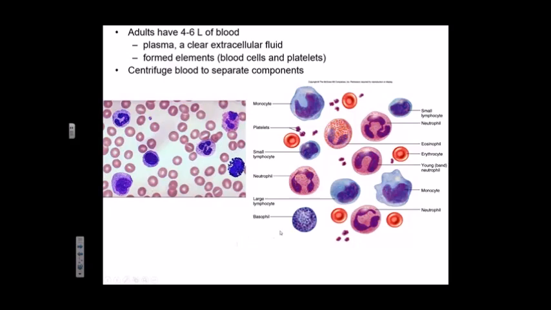So here is a lymphocyte. Here's a lymphocyte over here. This one right here is a large lymphocyte. If you see a large lymphocyte like this, in all likelihood, it's a natural killer cell. As the name implies, it's a killer. That's what it does.